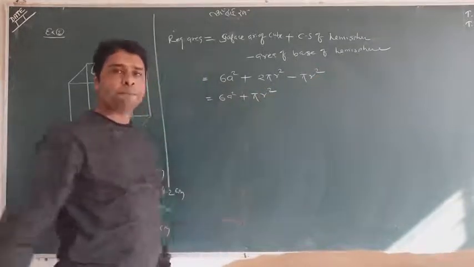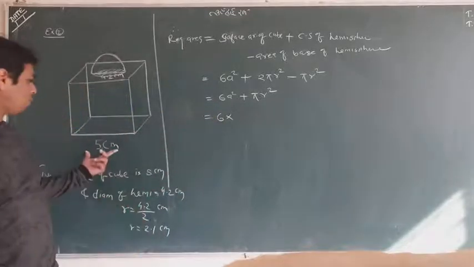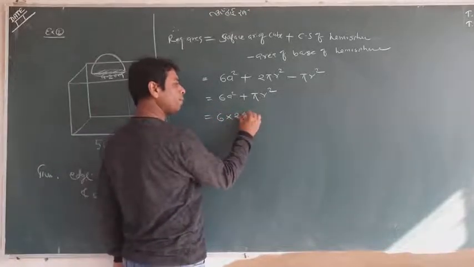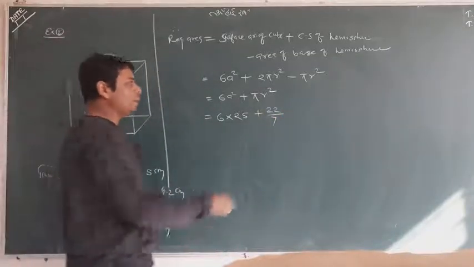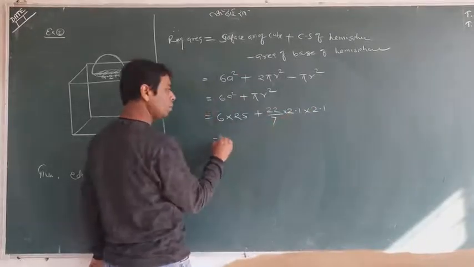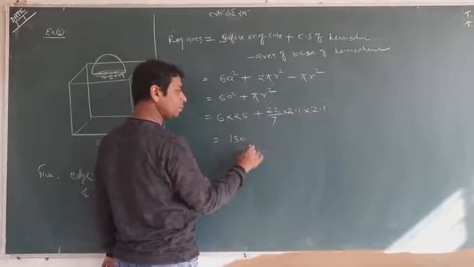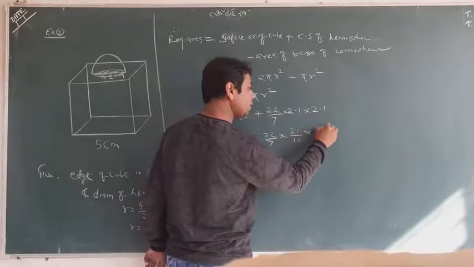That's simple. Now you can put the values. A meaning side 5, square 25. Pi and r is equal to 2.1 into 2.1. Now 22 by 7 into 21 by 10 into 21 by 10.